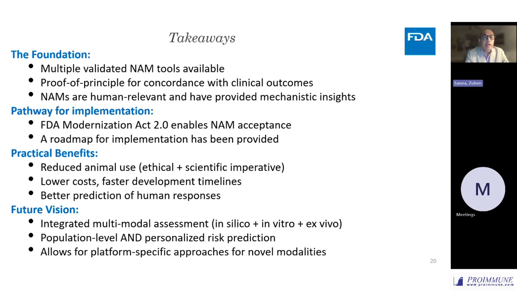Most importantly, NAMs are human relevant and can and have provided mechanistic insights. The pathway for implementation of NAMs is the FDA Modernization Act 2.0, which enables NAM acceptance in a regulatory framework. There is a roadmap for implementation which has been provided, as is a guidance document.